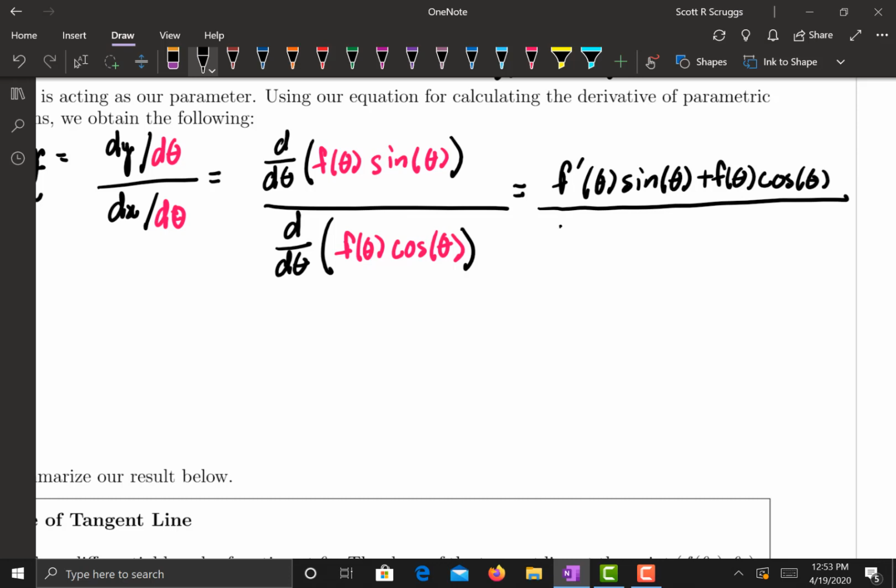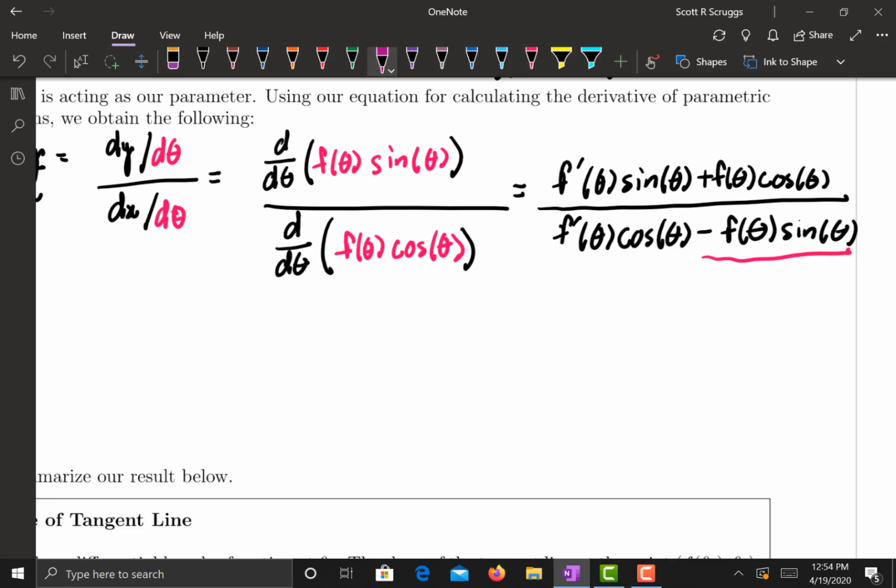And I repeat the exact same work in the denominator. If I do that, this will be my resulting formula for the derivative. Note that I have a minus here because the derivative of cosine is negative sine. So I just moved the minus sign up front to change that from plus to a minus.